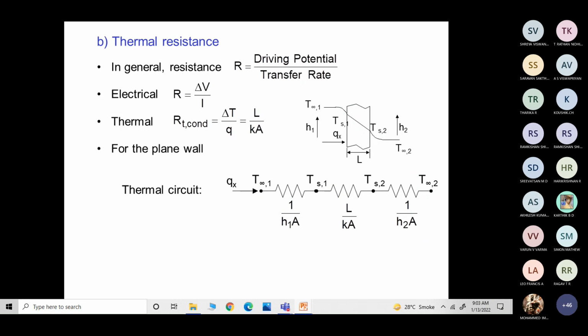I already told you that whenever we have a solid and a fluid, usually the heat transfer is by means of convection only. When we have two or three solids bound together, we have heat transfer by means of conduction, and it depends upon the thermal conductivity. So L by KA is nothing but the conductive resistance, and 1 by hA is nothing but the convective resistance.